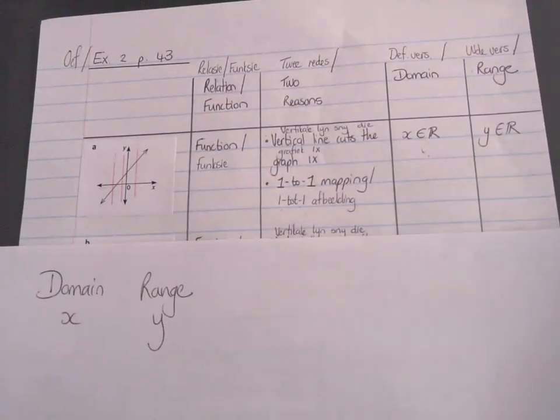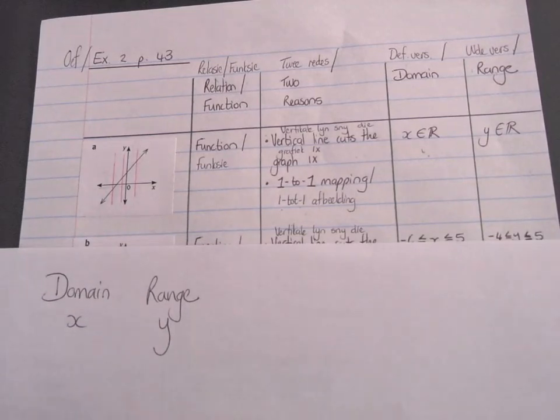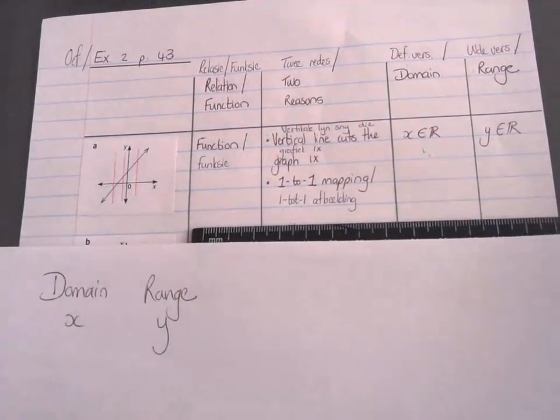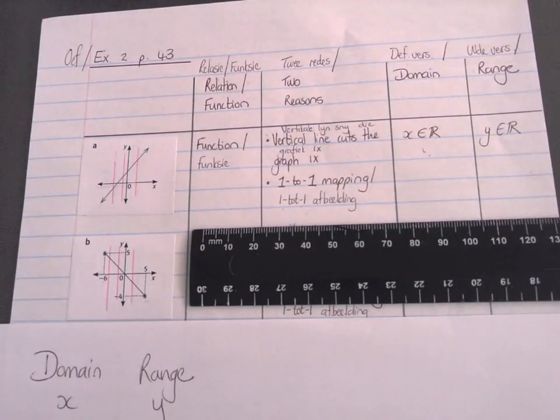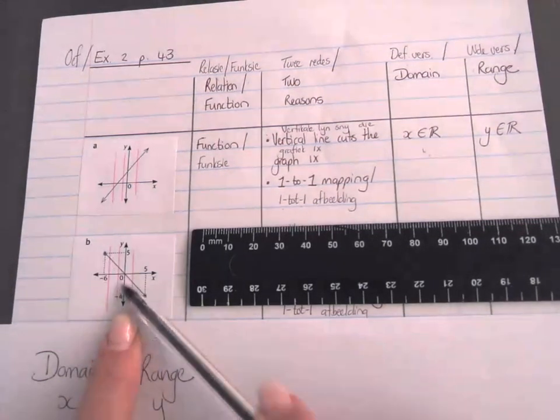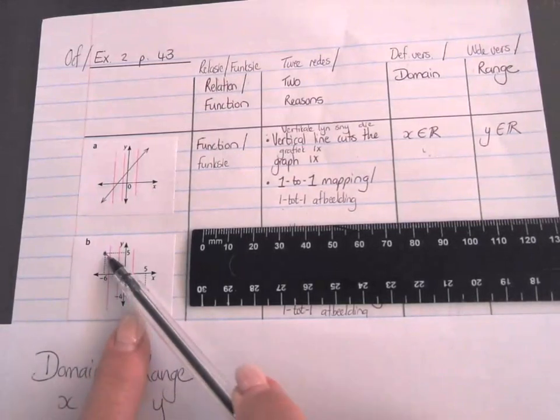If you look at the next one, I will say it's a 1-to-1. This is also a straight line, but this time it doesn't have arrows.